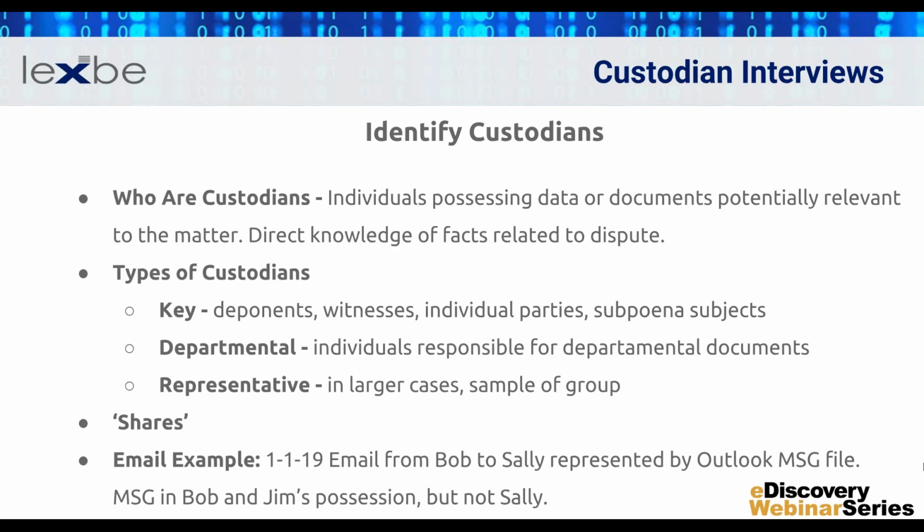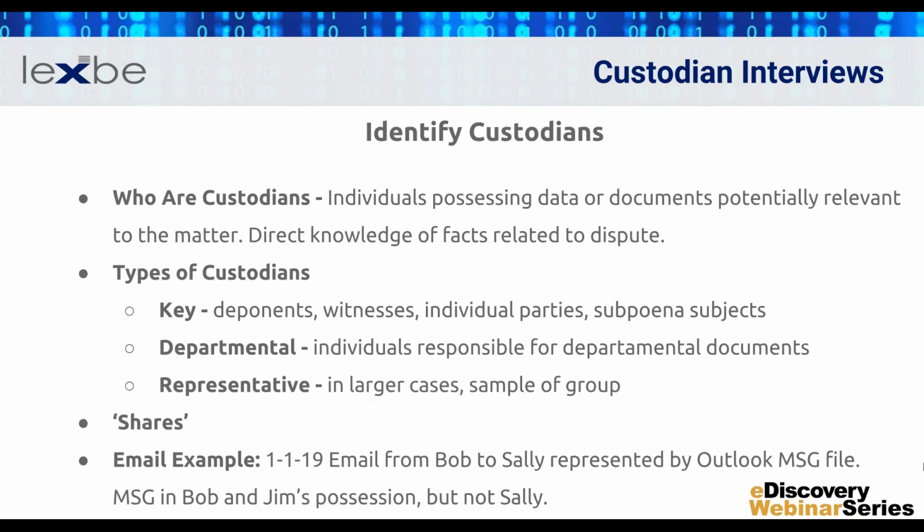So if a large company had 100 salespeople and there was some issue having to do with the salespeople, one or several salespeople might be identified, and then they would be a representative custodian for the class of persons, even whether it's a class action or not, but for the group of individuals for collecting data for them to develop the theory.